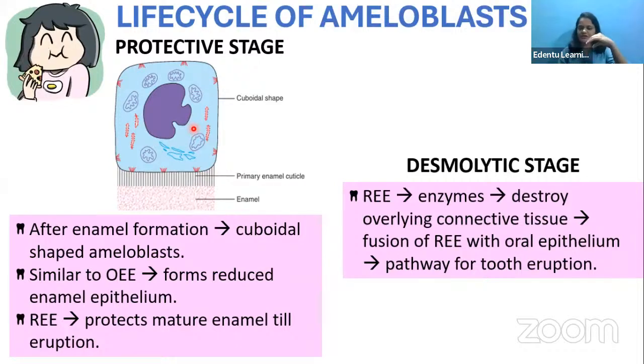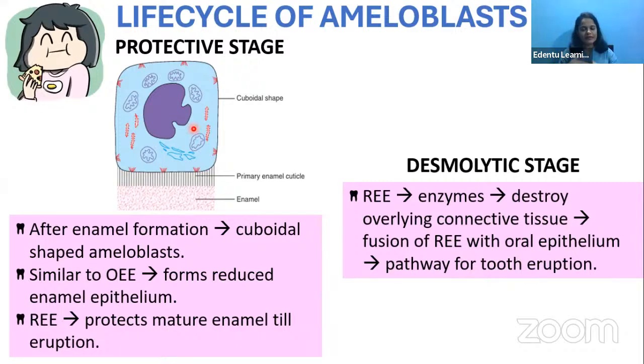The size of the cells is reduced to cuboidal, so that's why they are called the reduced enamel epithelium. It acts as a protection for the mature enamel till the eruption. That's the main function of the reduced enamel epithelium.